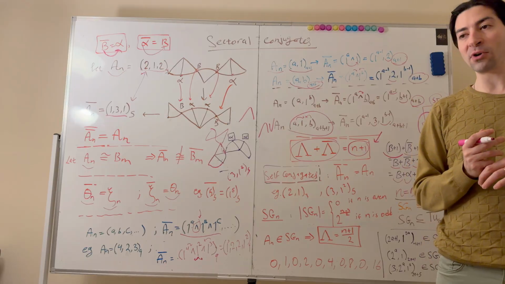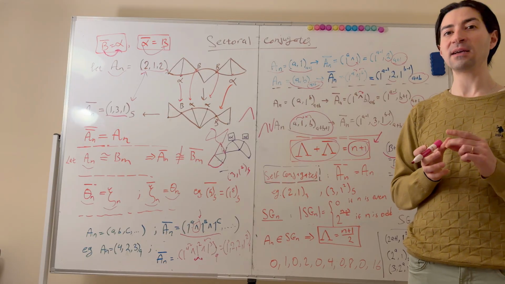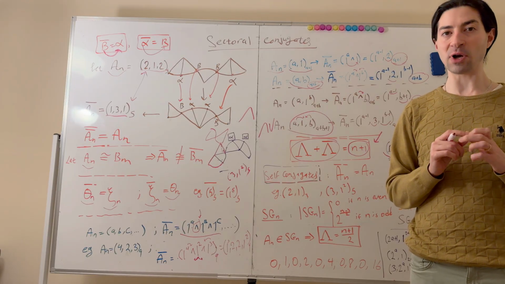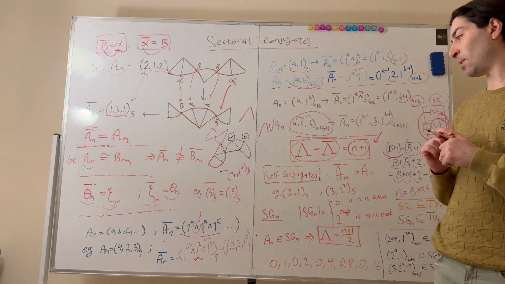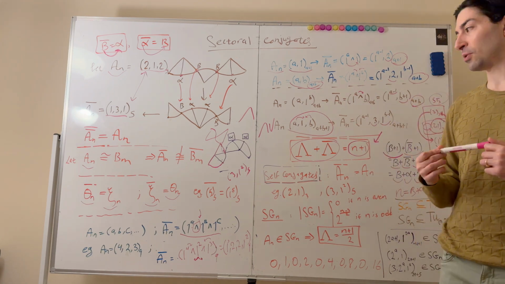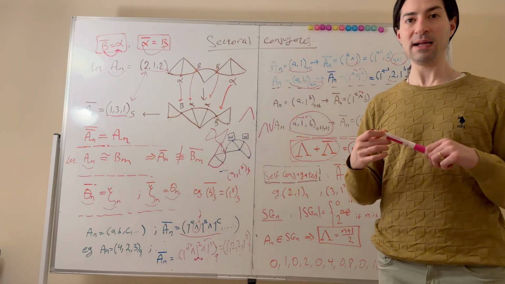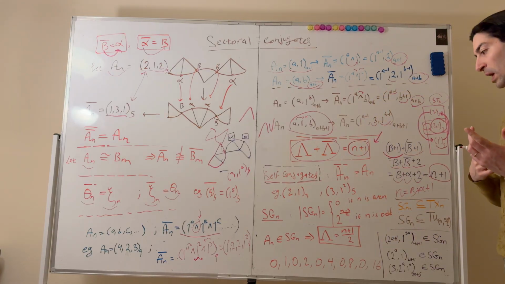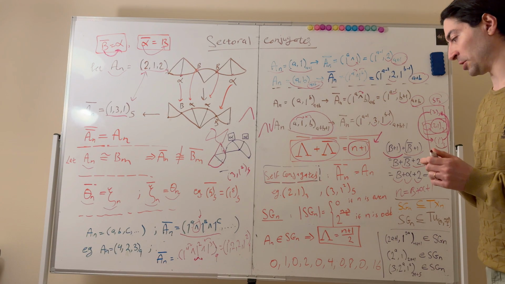So ST4, ST6, ST8, they don't have any self-conjugate structures. However, for all the odd values of n, we notice that there's at least one self-conjugate.